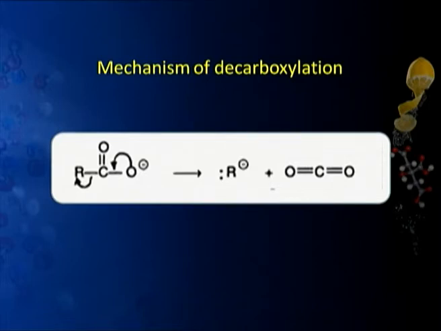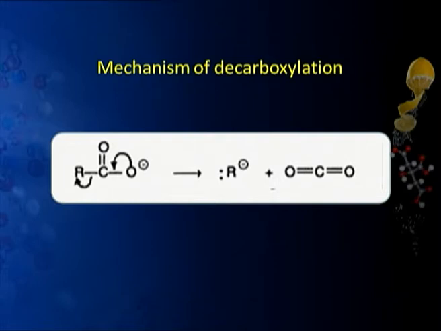There is no fixed mechanism for this which has been confirmed, but generally it is said that the initially formed anion from the acid on treatment with a base like sodium hydroxide loses the pair of electrons in this way, that this pair of electrons shifts to form a bond between this carbon and oxygen, and then this pair of electrons goes to this carbon of the alkyl group and a carbon dioxide molecule is lost from here and we get an anion. This anion in the end captures one H plus ion and gets converted into the alkane.